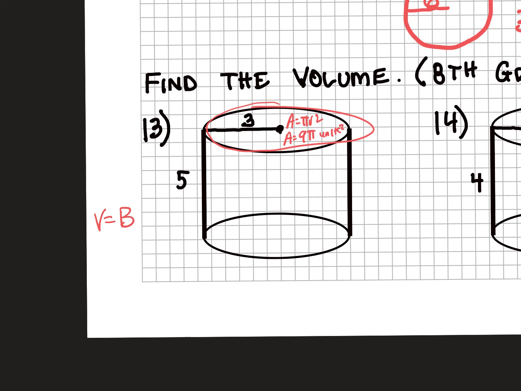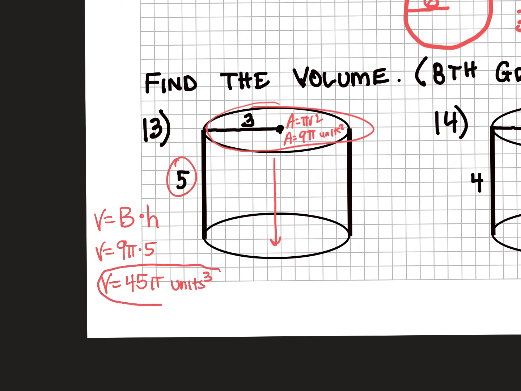Then we stretch it down by 5, which we call multiplying by the height. So it's 9 pi times 5. The volume is 45 pi units cubed because it's 3D.